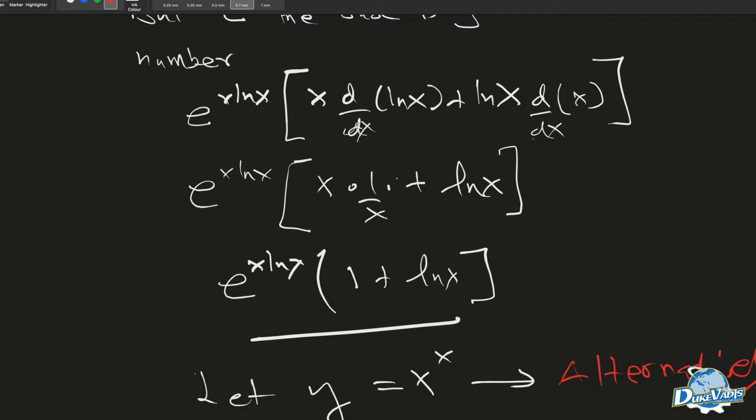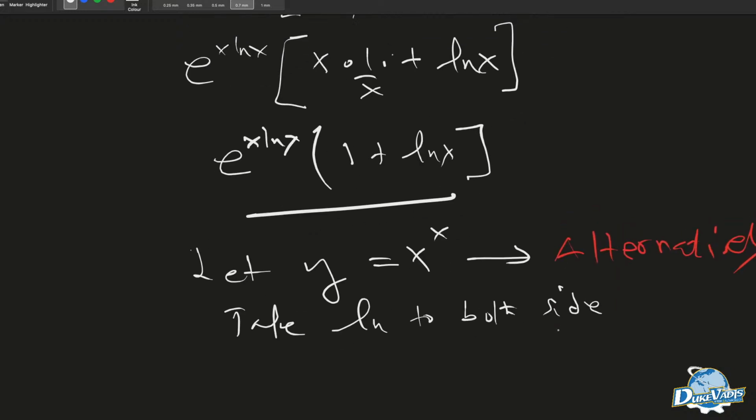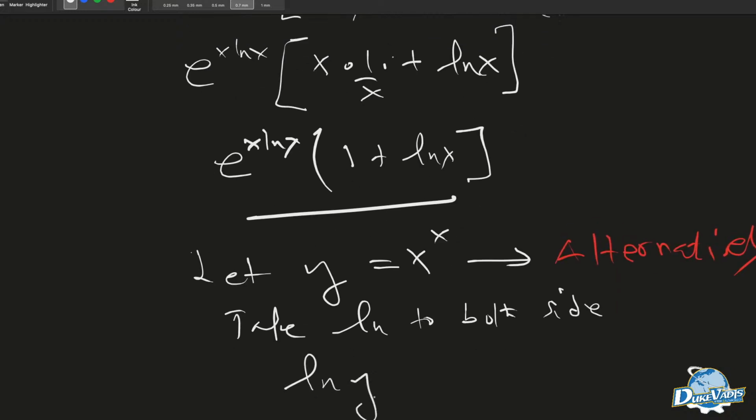Let's take natural log to both sides. So natural log of y is equal to natural log of x to the power x.